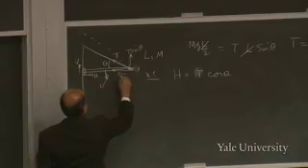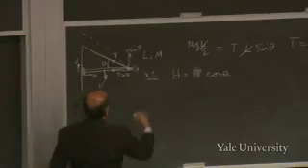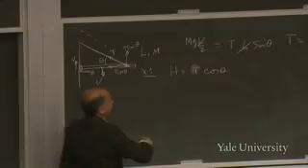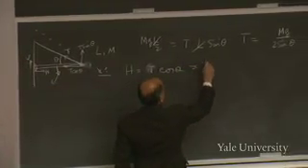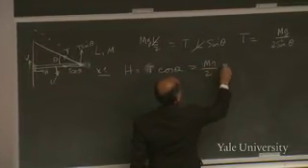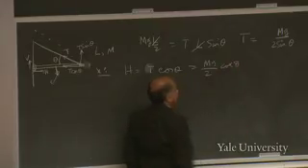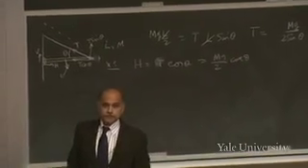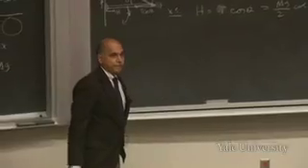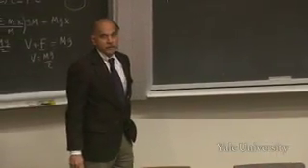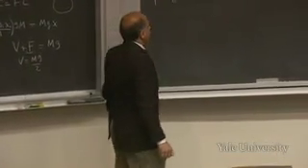So T cosine theta is pushing in, the wall should push out. And now I know the value of T. I put that in, mg over 2 cotangent theta, because that's cosine over sine. All right, so that's the horizontal part.